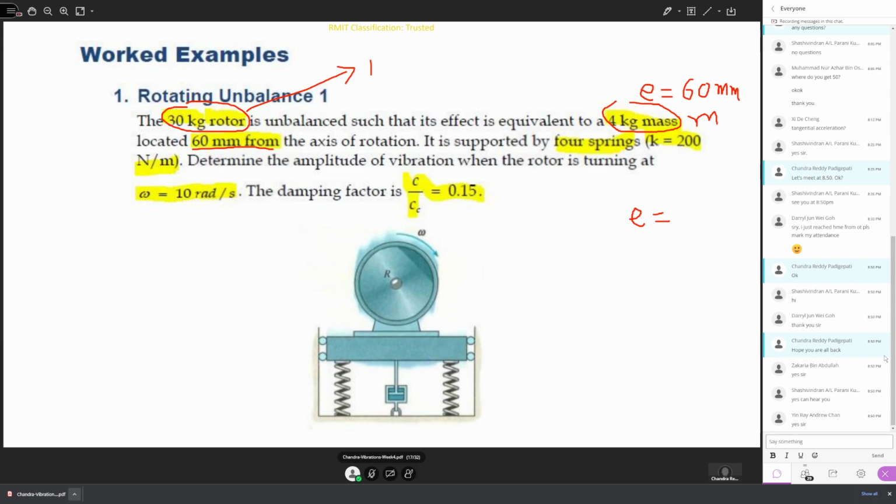And the damping ratio, eta, is given as 0.15. So here mass we know, eccentricity we know, then we know the angular velocity. So therefore we can calculate the rotating unbalanced force, m e omega square.